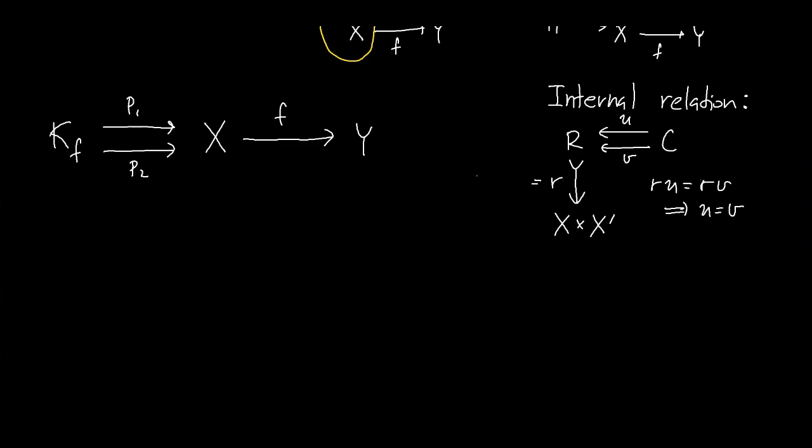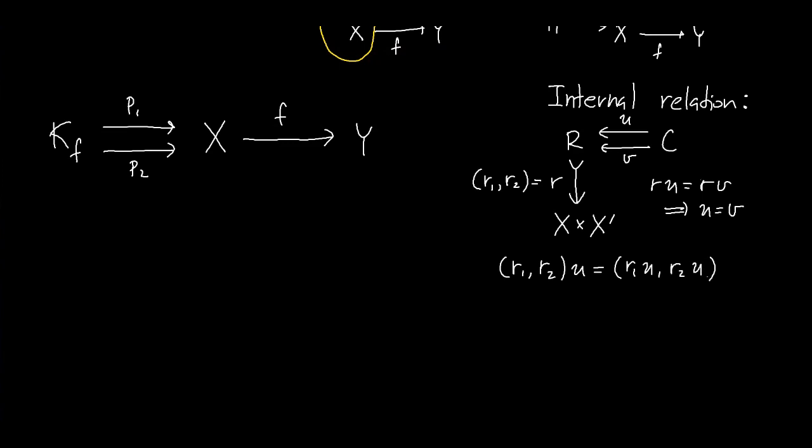So we can split this R up into two components, R1 and R2. These are composites of R with projection maps. And then saying that R1, R2 map composed with U equals the other one reduces to saying this component-wise, because indeed this composite will equal R1U, R2U.